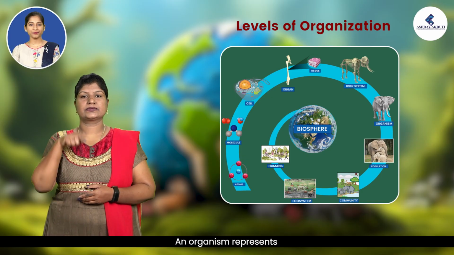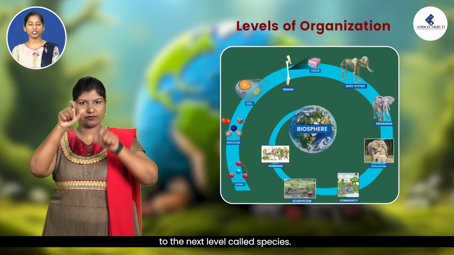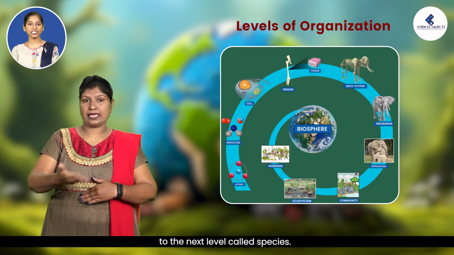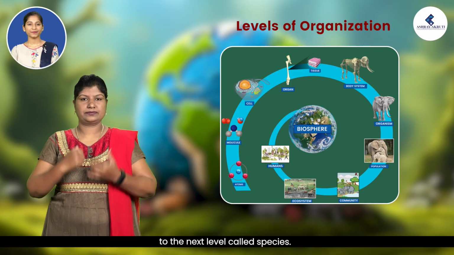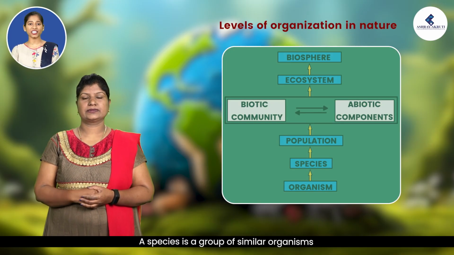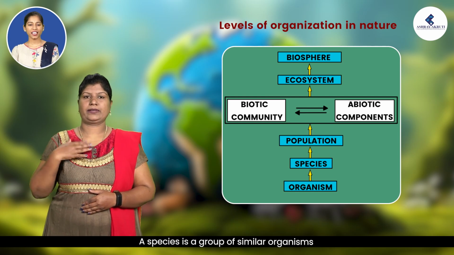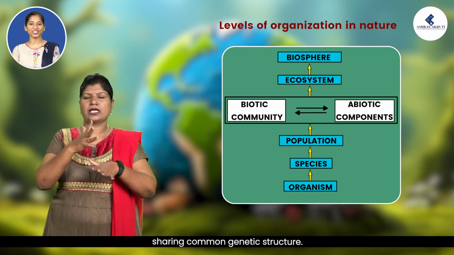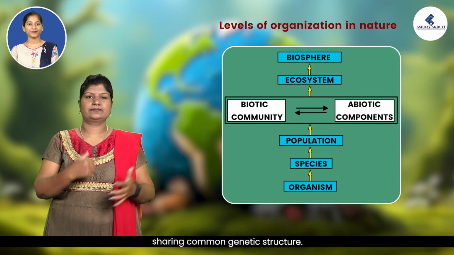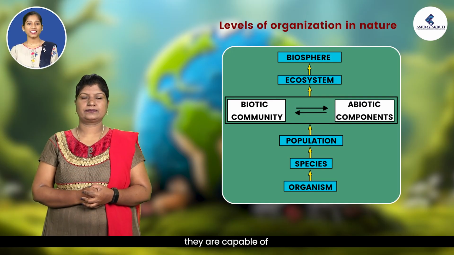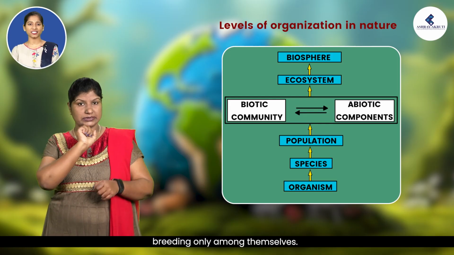An organism represents an individual member of the next level called species. A species is a group of similar organisms sharing common genetic structure. Hence, they are capable of breeding only among themselves.